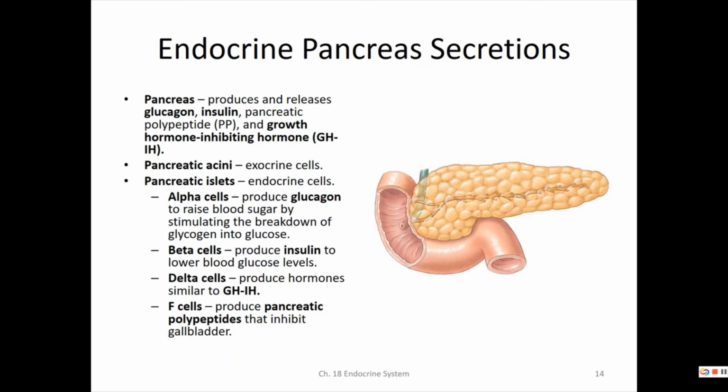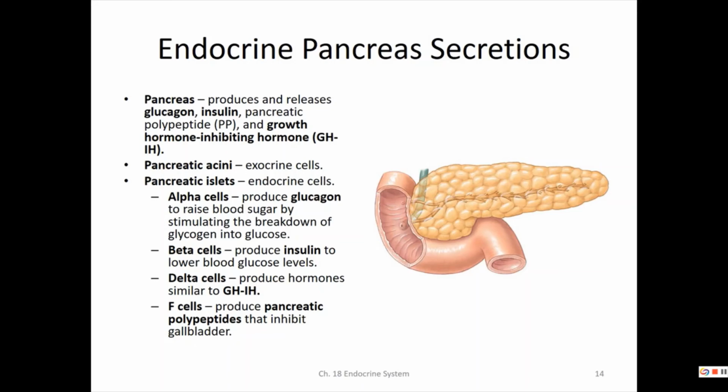Now remember, the endocrine pancreas, this is endocrine, which means it secretes into the blood. There are also exocrine cells in the pancreas, which we'll talk about. The pancreas makes glucagon, insulin, pancreatic polypeptide, and growth hormone inhibiting hormone.